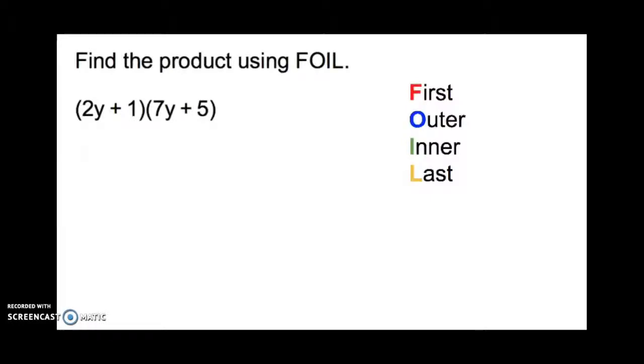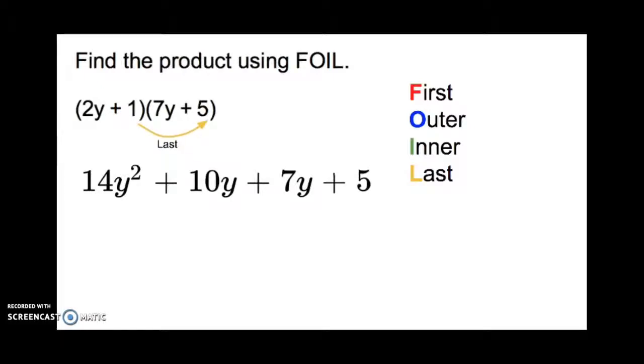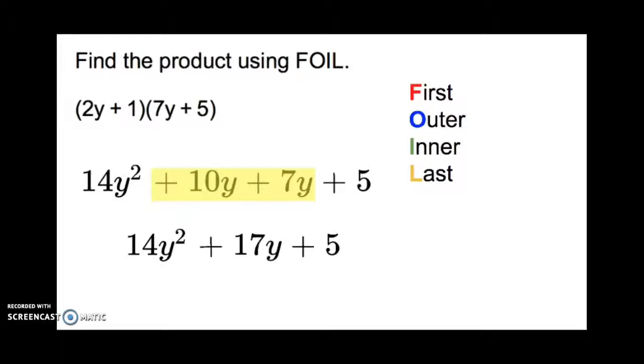So multiplying the first terms in each, 7y and 2y, we get 14y squared. The outer terms are 2y and 5, so we have 10y. Multiplying the inner terms, 1 and 7y gives you 7y, and multiplying the last two terms is 5. Now combining my like terms, I have 10y plus 7y, which is 17y.